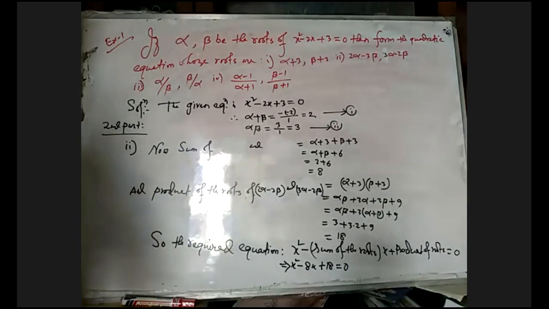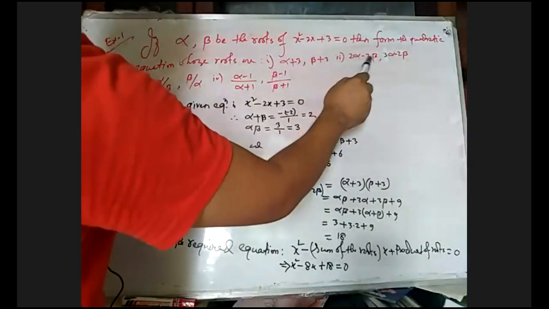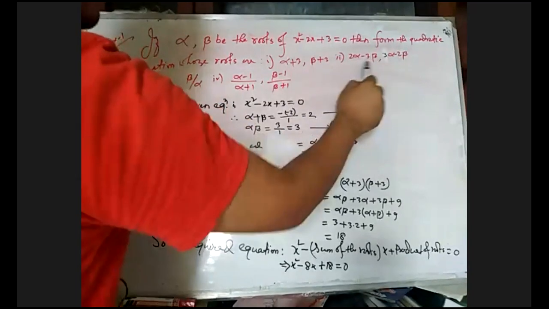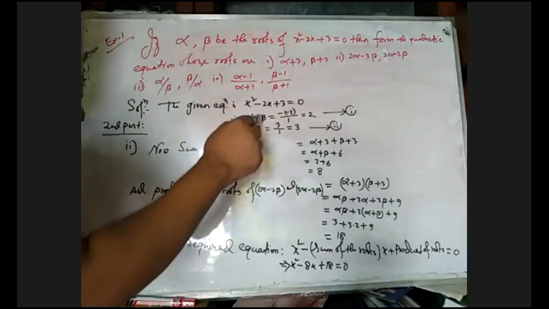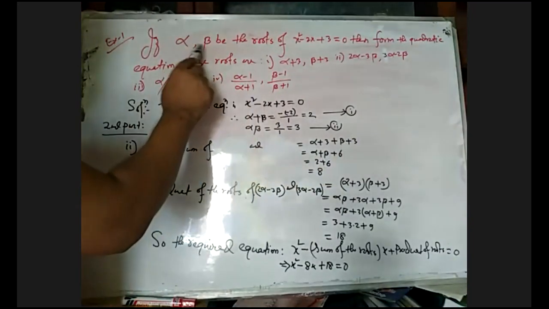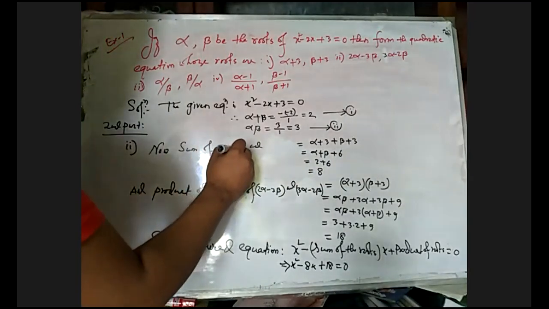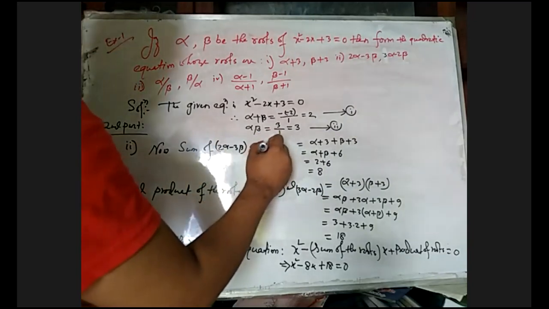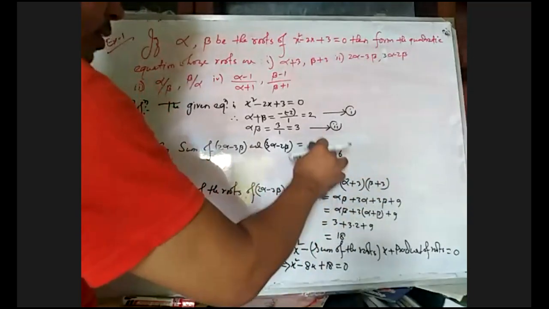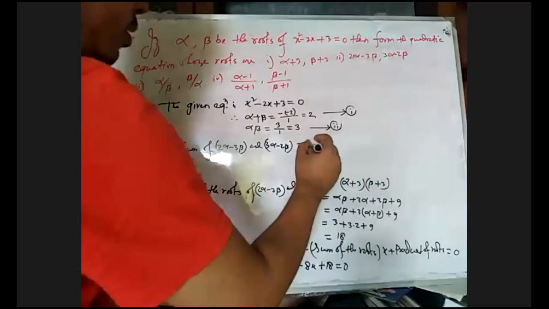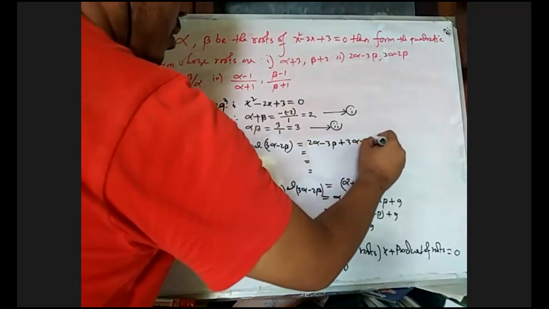So for the second part, that means the roots 2 alpha minus 3 beta and 3 alpha minus 2 beta, we are forming the equation with these two roots. The given sum of the roots and product of the roots of the given equation remain the same. So now the sum of the roots: 2 alpha minus 3 beta plus 3 alpha minus 2 beta.